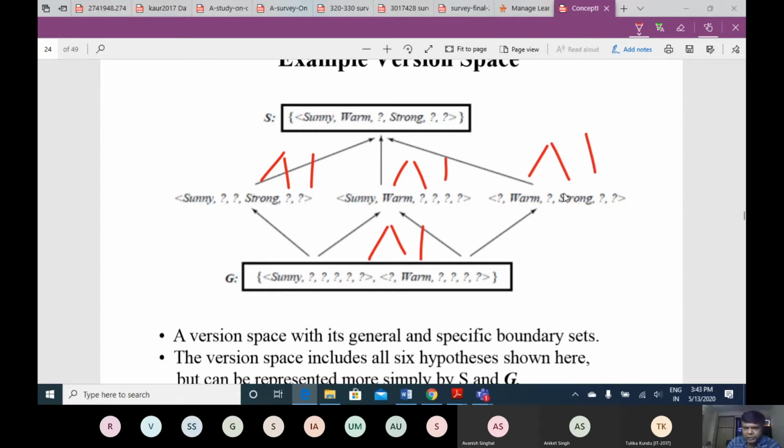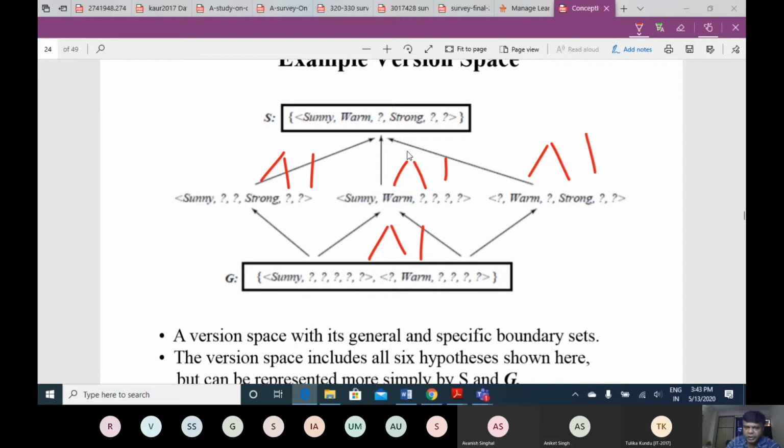All other hypotheses which lie between them, which are both a superset of the specific one and a subset of the general one, automatically get included in a particular version space.